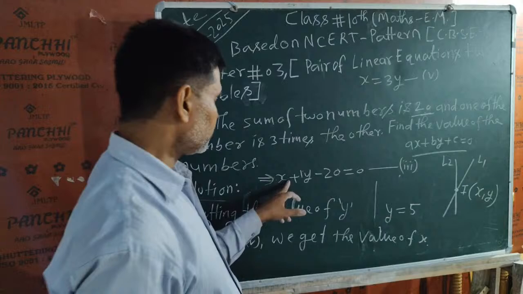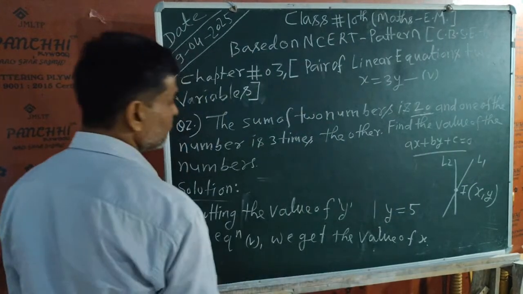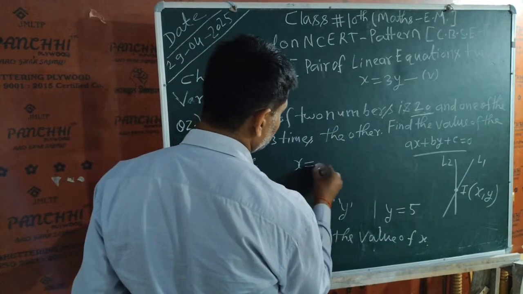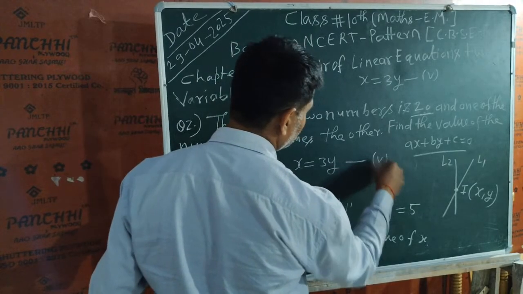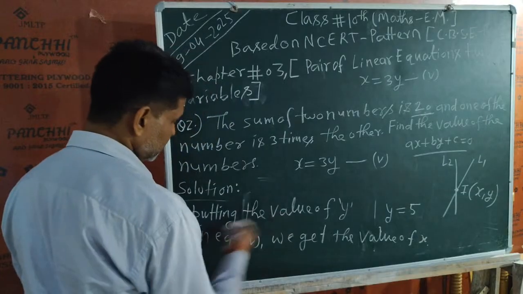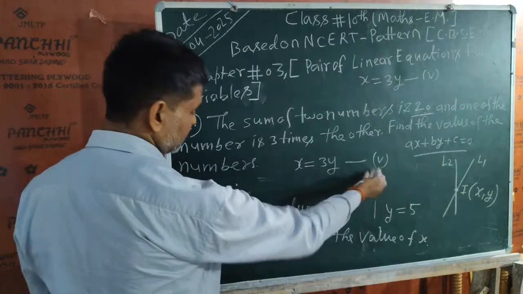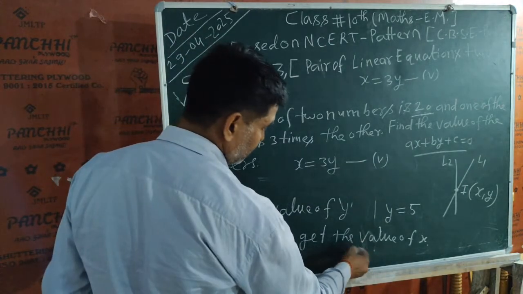So above information, I am going to erase. Now here I am going to write x is equal to 3y, that is written here as equation number 5. Now I am going to use this concept, putting the value of y in equation 5, and we get the value of x.